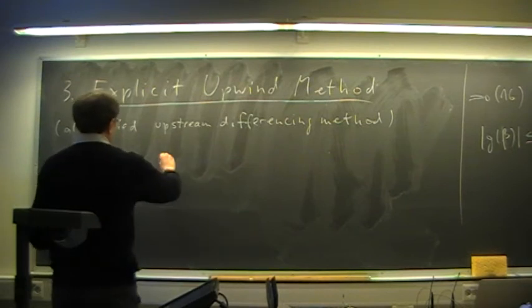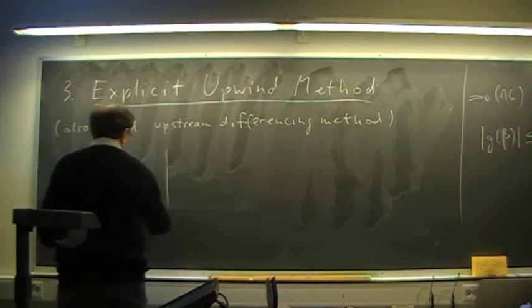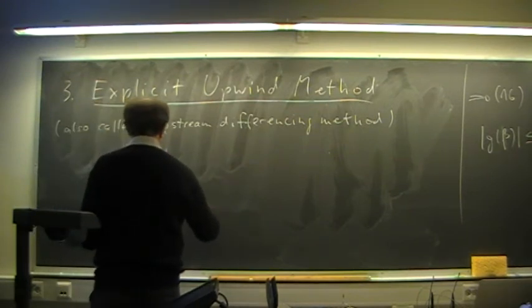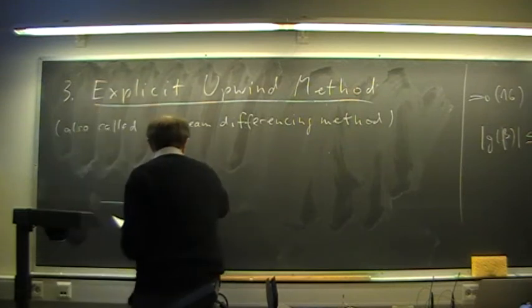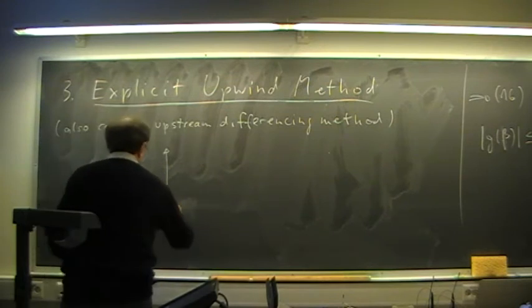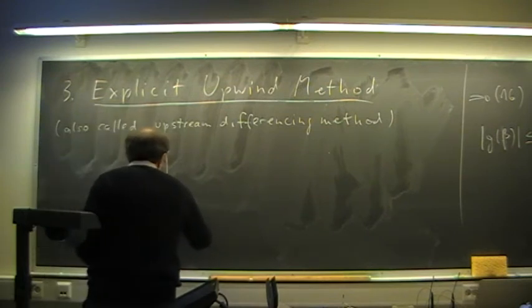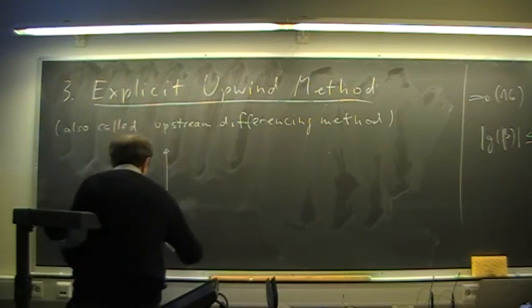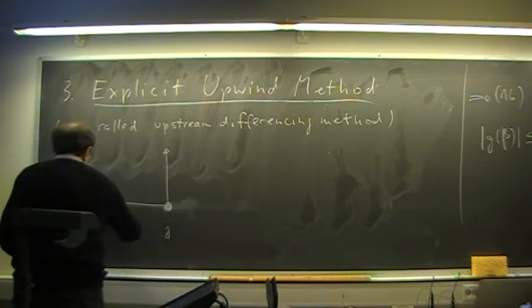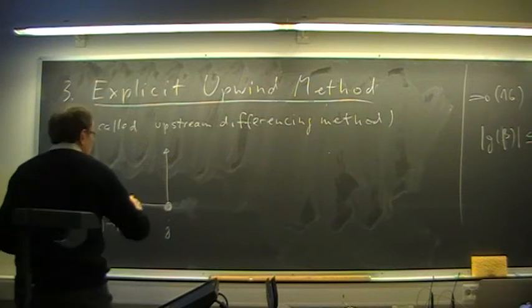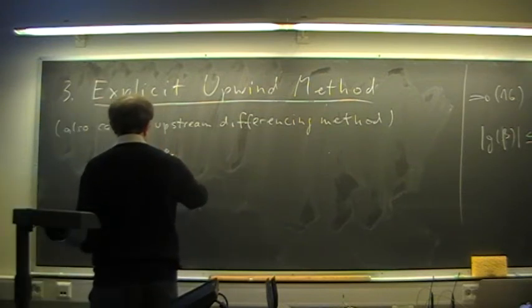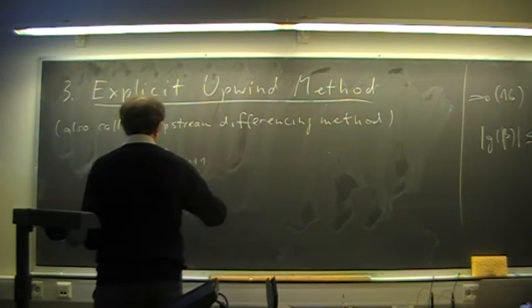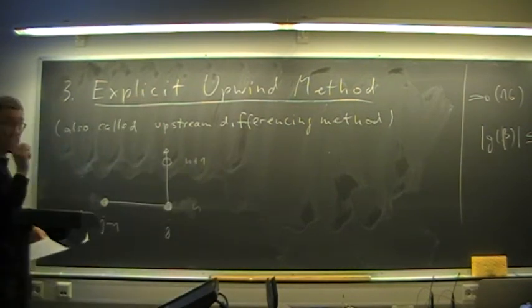We have the stencil, then if we are here, we just take the points into account that we are interested in. So this is then the j, and here we have the j minus 1, and here we have time level n, and here we have the time level n plus 1. This is the situation that is important.